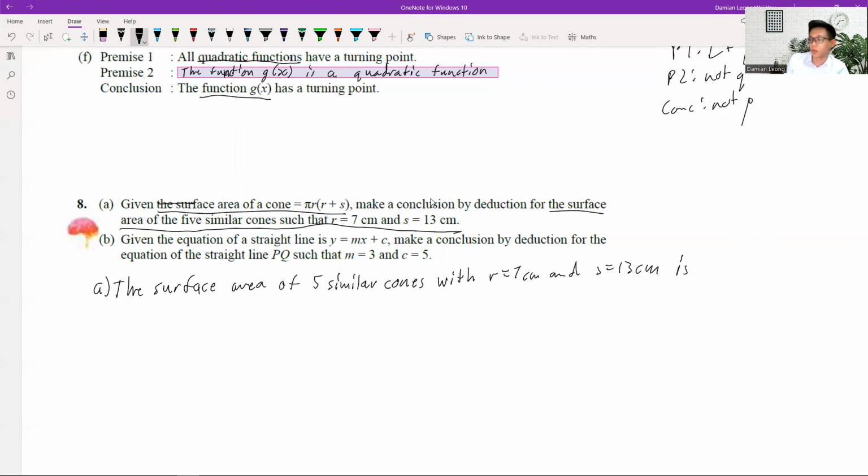They say 5 similar cones, which means 5 times pi r bracket r plus s. R is 7. 5 pi times 7 bracket 7 plus 13, which is, just calculate, 5 times pi times 7 times 20. 5 times 20 is 100, times 7 is 700. Usually I leave it in terms of pi. 700 pi cm square.